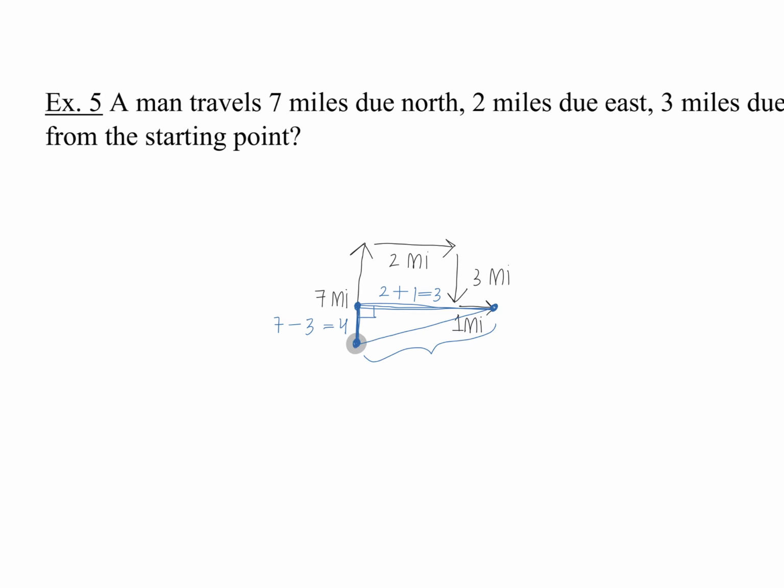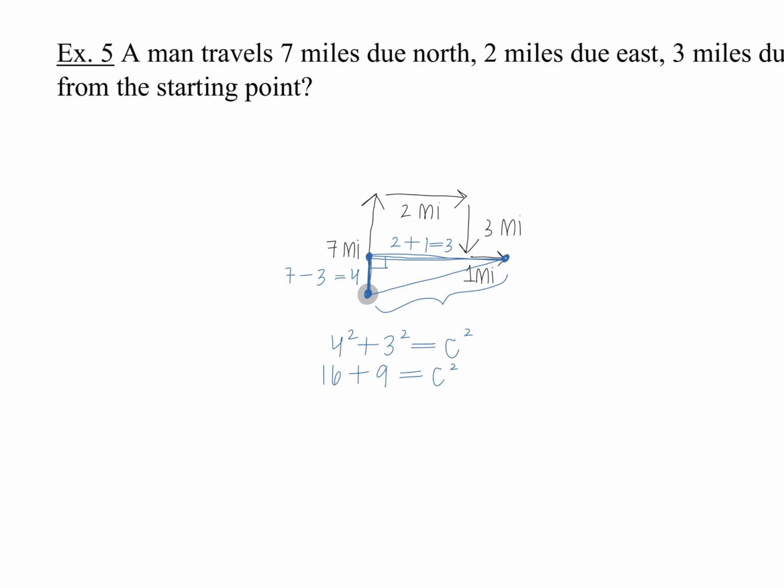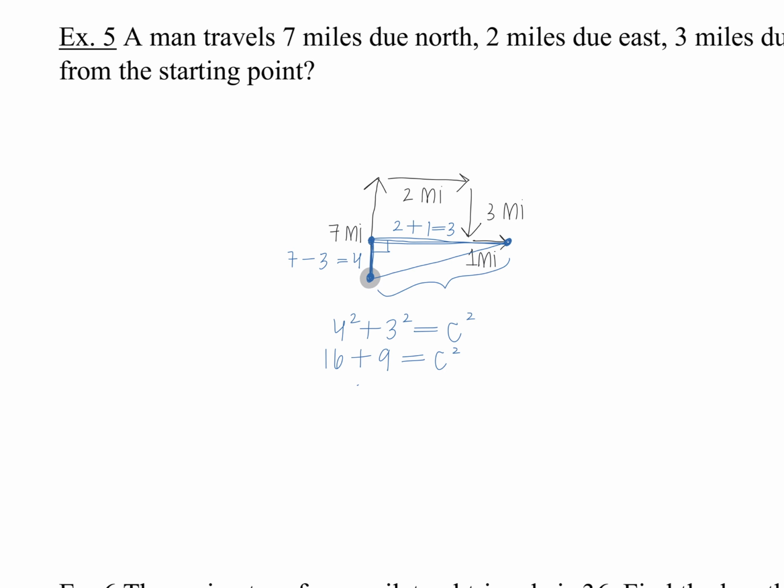So we've got 4 squared plus 3 squared is equal to my c squared. 4 squared is 16, plus 3 squared is 9, equal to my c squared. We add those two together and get 25. And so when I take the square root to find my c, I'm left with 5.